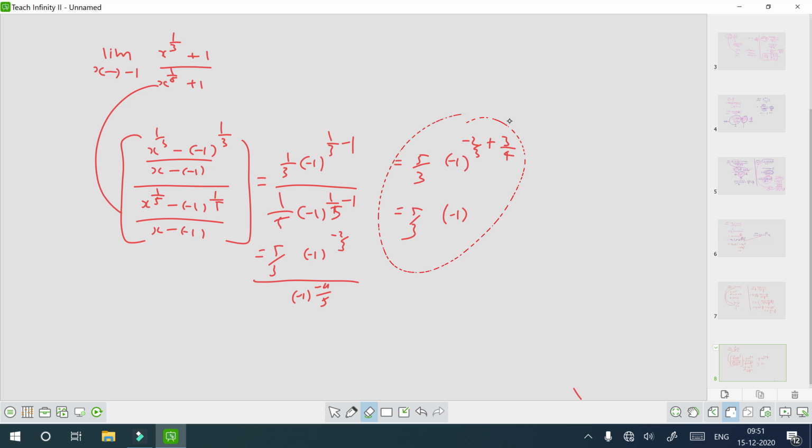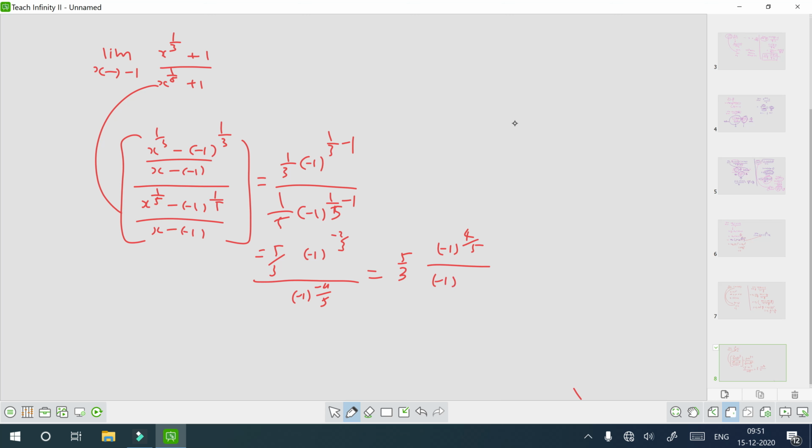Or we can write in this way also: 5 by 3 into (minus 1) raised to 4 by 5 over (minus 1) raised to 2 by 3. That is (minus 1) whole raised to 4, raised to 1 by 5. That comes out 1.